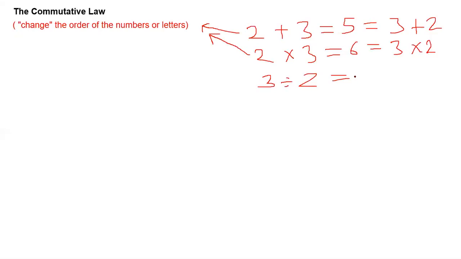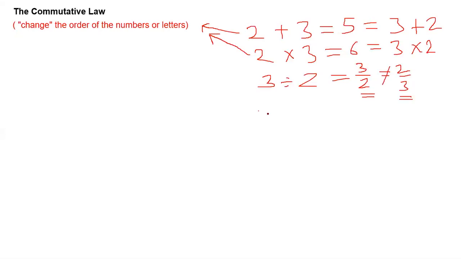Now let us try to look at this. 3 divided by 2, let me just leave it in a fraction form. I'm going to have 3 over 2. What of now? 2 divided by 3, I'm going to get 2 over 3. Are these two answers the same? If they are not the same, then division is not commutative.